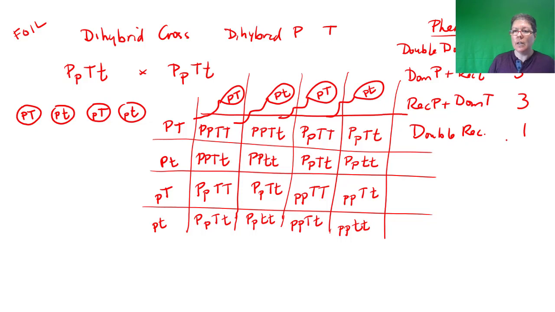Now, if you look at this, 9 plus 3 plus 3 plus 1 equals 16. That means that 9/16, 3/16, 3/16, and 1/16, that is what we have for the probability that we would have a double dominant versus a dominant P with a recessive T, a recessive P, a dominant T, or a double recessive, if we put those all together.